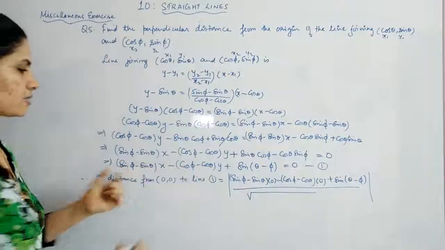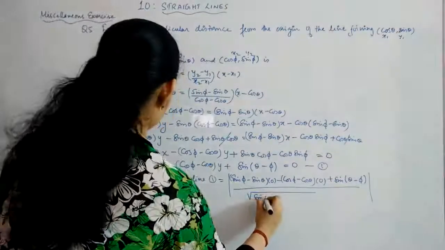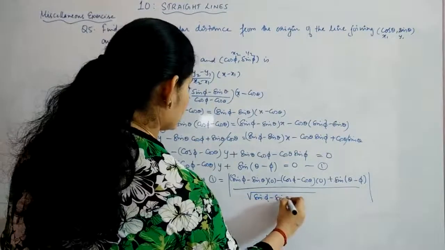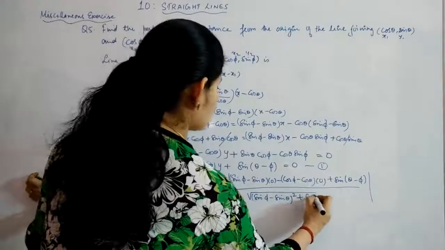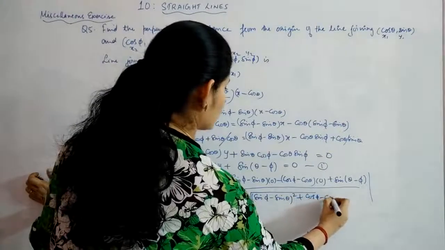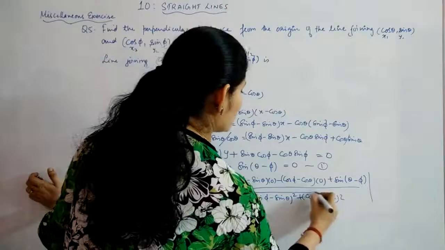So you will get a square is sine phi minus sine theta the whole square plus cos phi minus cos theta the whole square.